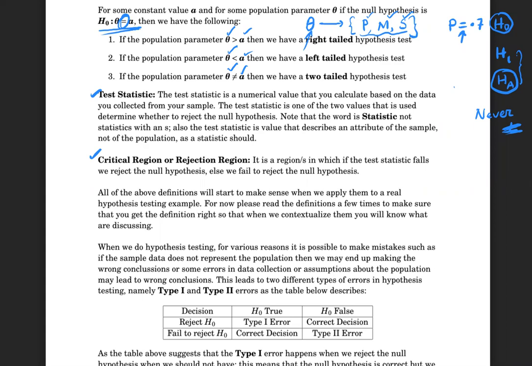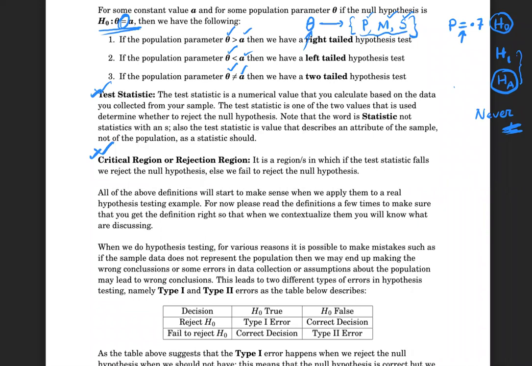Test statistic is some value that you get from the sample, based on the calculation. It is some value you get from the sample data that you collected, in conjunction with the standard normal distribution table. And critical region is also something that you get from the significance level.